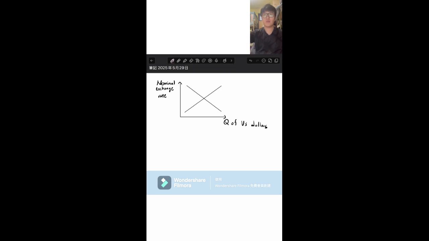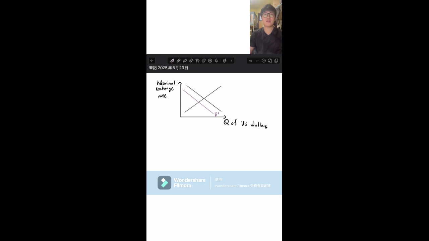demand for imports from the US. As a result, Taiwan's firms need fewer US dollars to pay for imports. This causes the demand for US dollars to shift left, shown by the new demand curve, D prime.